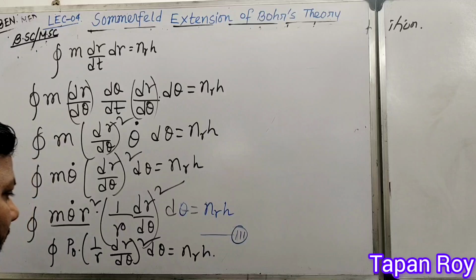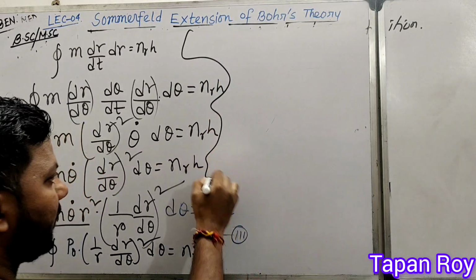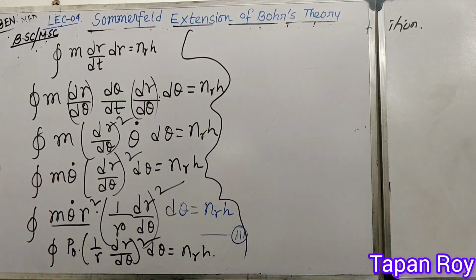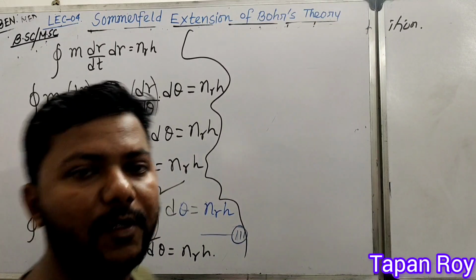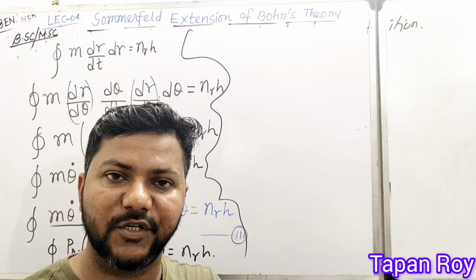Okay. Now we know the equation of ellipse, right? Now the equation of the ellipse of eccentricity epsilon, what is the equation of the ellipse of this eccentricity?